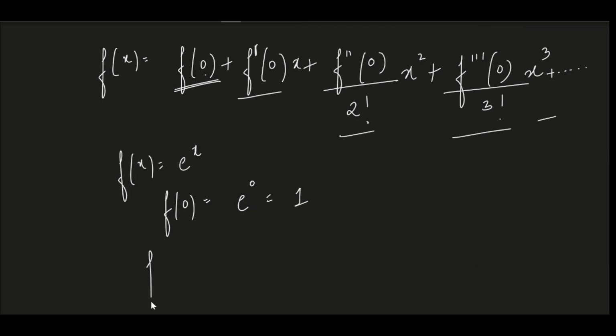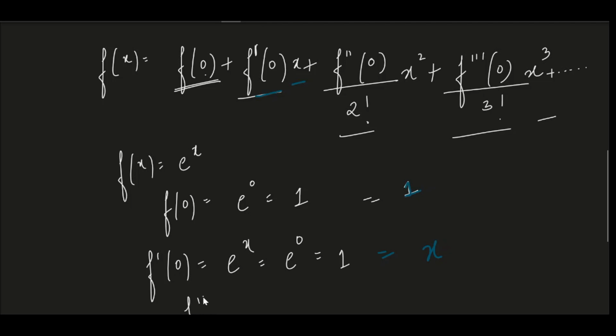To find the second term, I find the derivative. I know the derivative of e raised to the power x is just e raised to the power x, and replacing x with 0, it's just 1. So my second term is f dash of 0 multiplied by x, which is 1 multiplied by x.